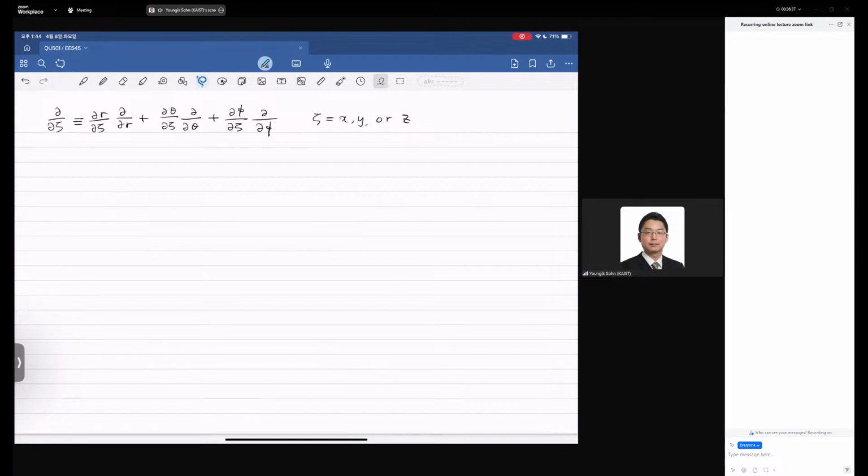Okay, if you do that, let me just throw the answer right away, because the calculation is a little unnecessarily complex, but it's just mechanical calculation. Now Lx, Ly, Lz, all operators are written in the spherical coordinate system.